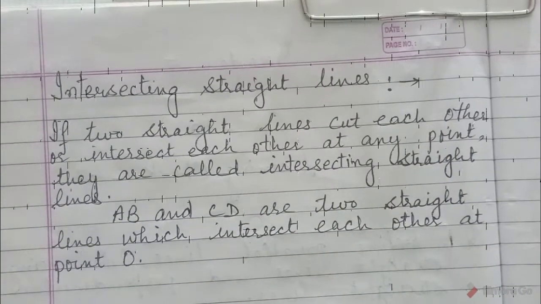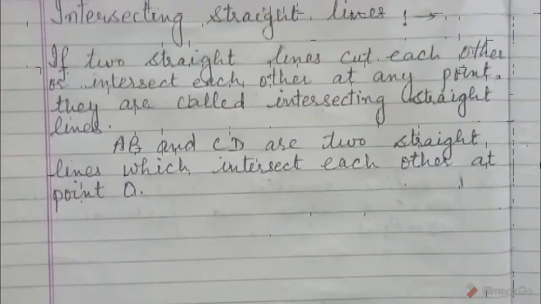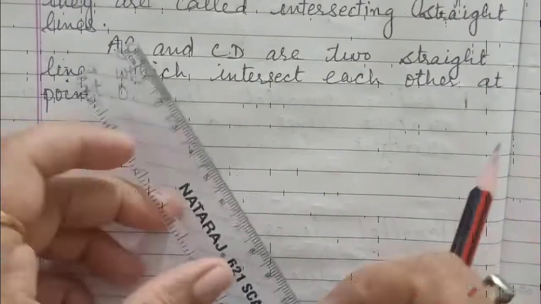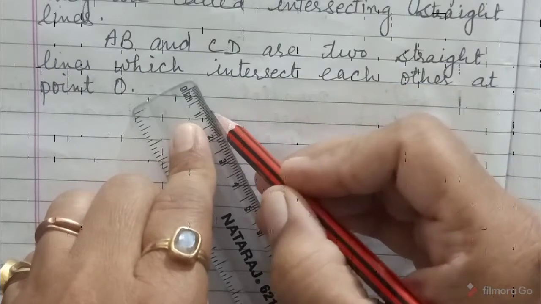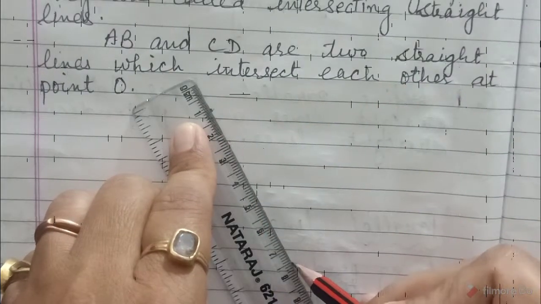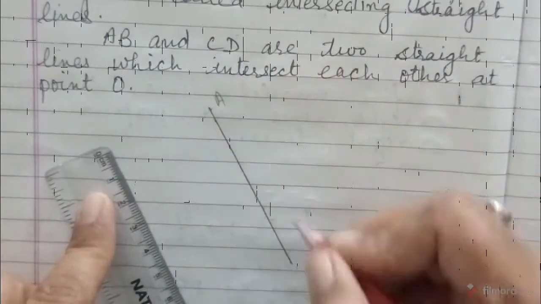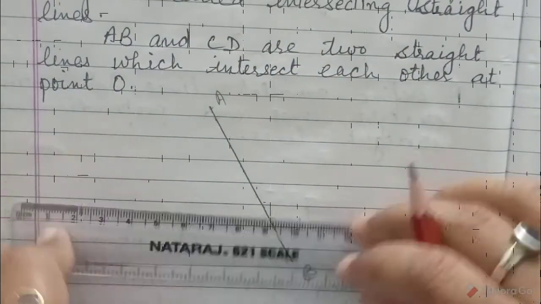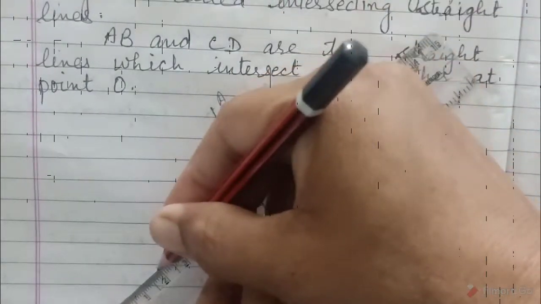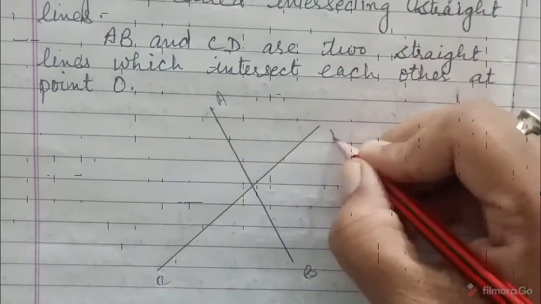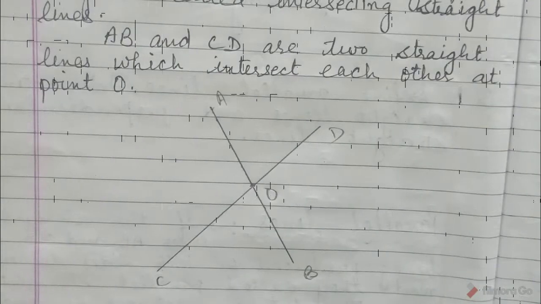For example, we can draw intersecting lines with the help of a scale. Mark points A and B and join these two points as AB, and next take line CD, and they intersect each other at point O. This is called point O.